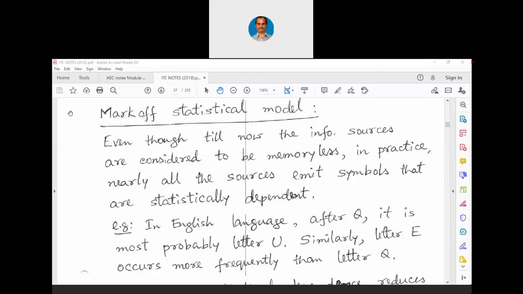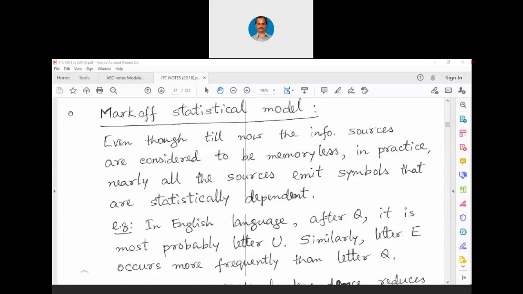So naturally you will get the information rate as bits per second. It is bits per symbol into symbols per second will lead to bits per second. So recall all those things.